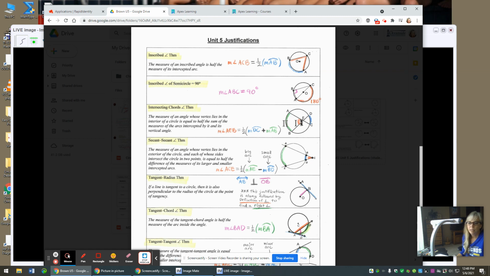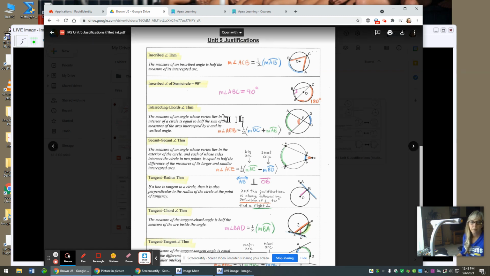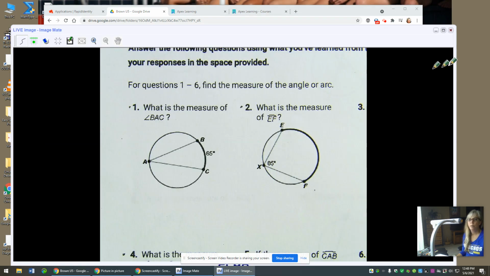We add those up and divide by 2. And that'll get us the angle here. And by the way, it would get us this angle over here too, right? Because those are vertical angles. So it doesn't matter which side you're on. All right. Oftentimes it's like, what is happening? That's too confusing. And then we start to do it and it's much less confusing. So let's do it. And you can always look back at your notes.